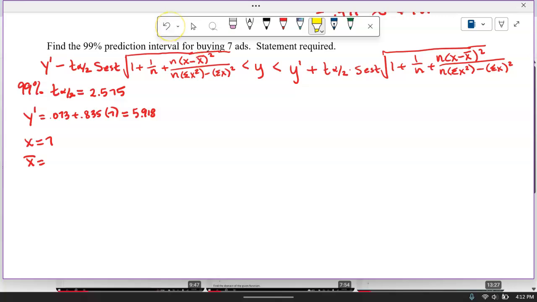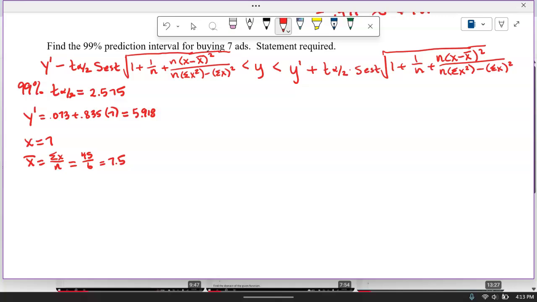So what does X bar mean? X bar is the mean. So I look at the sum of the X column and divide by N. That's 45 divided by 6, or 7.5.